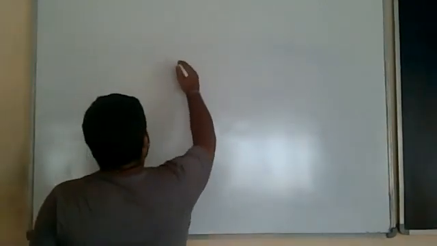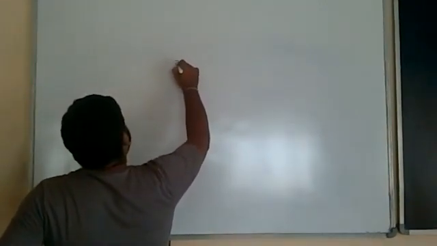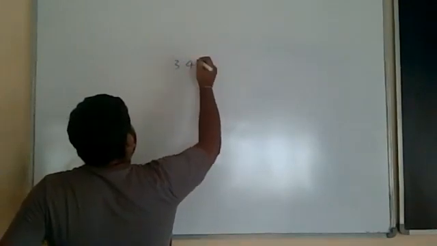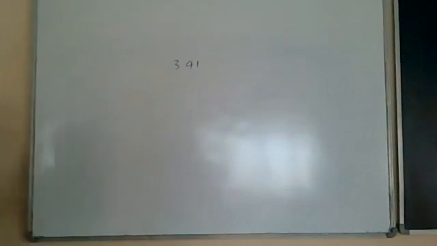Okay, so guys, yesterday we did clocks. We practiced a little, correct? Today we'll try to practice more. I'll be giving you the time. Just find the angle. 3:41, let's say. The time is 3:41.